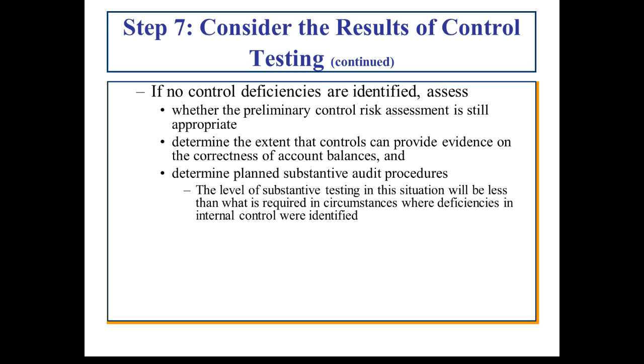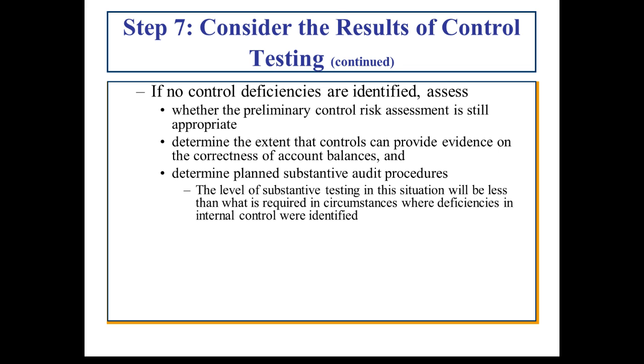But let's say we go through all this internal control testing and everything looks pretty good. There aren't any deficiencies. Then we're going to look to see, is our control risk assessment that we had in place still right on? And then we might look to see how these controls can provide some type of evidence for us on, are the account balances right?